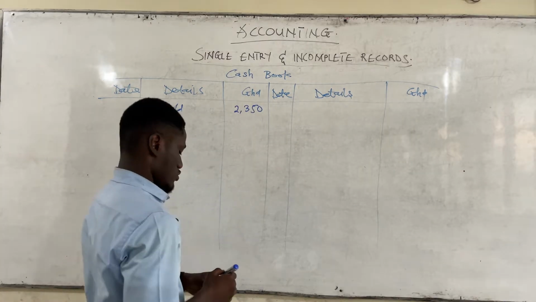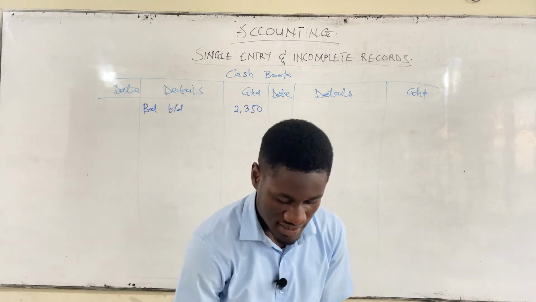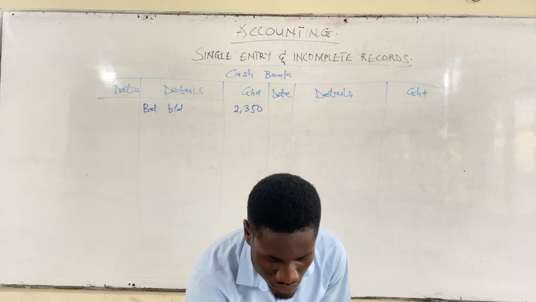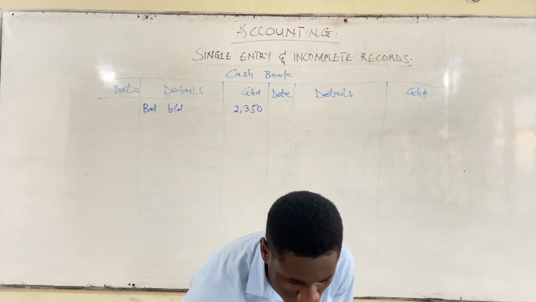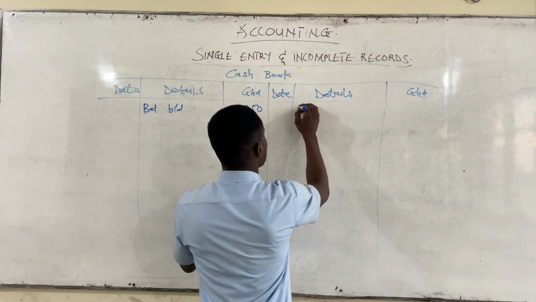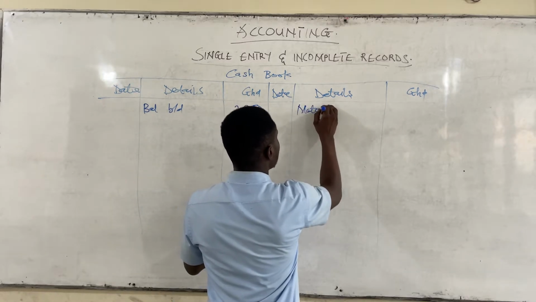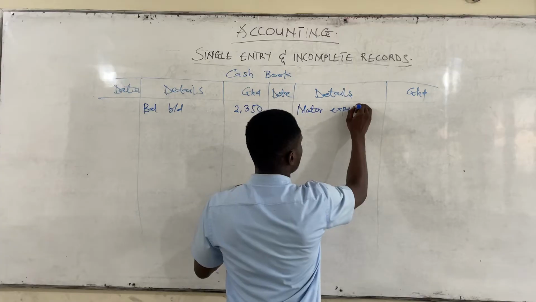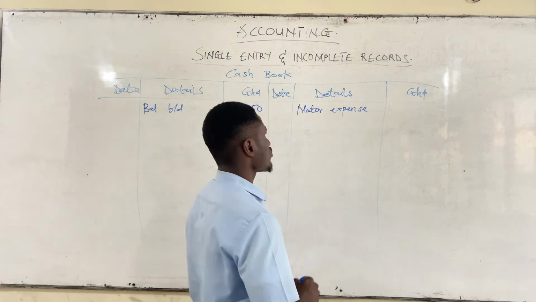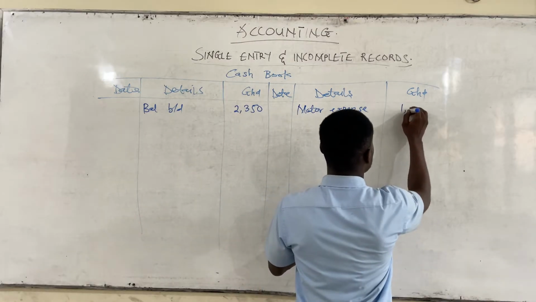Good. So any item there, we have our motor expense. So we are just going to list the items made by cash, our receipts and payments. So we have 1,200.